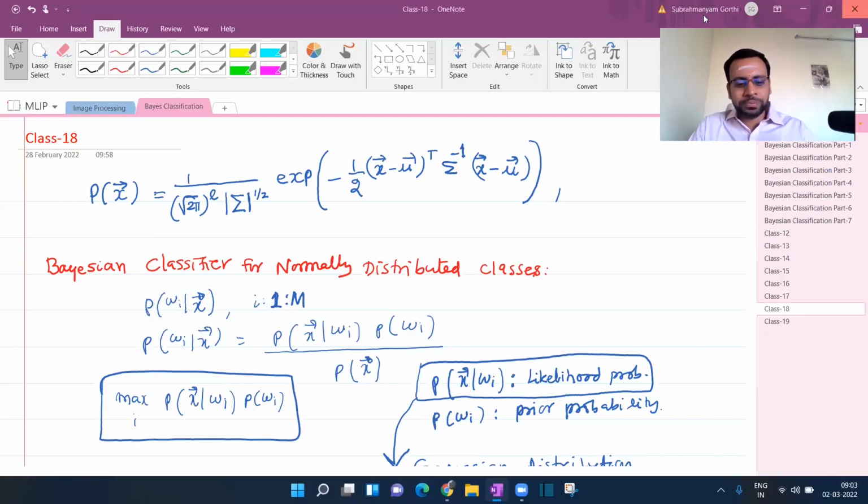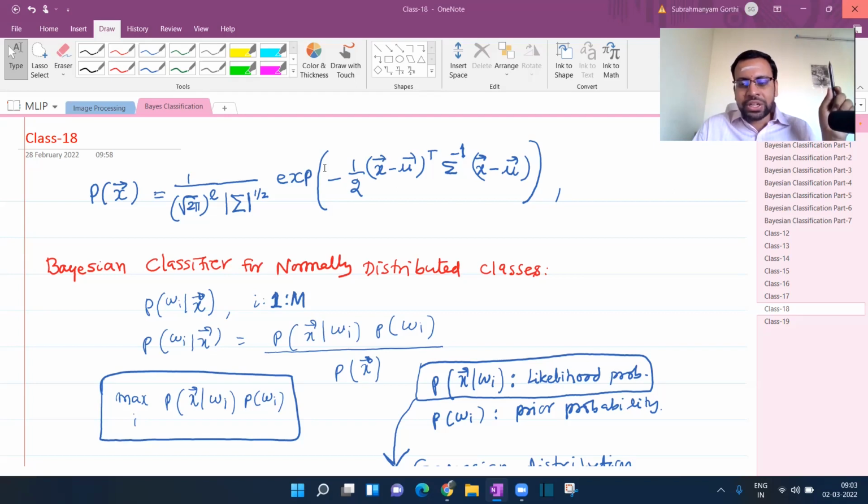Hello everyone. From the last class onwards, we started discussing the Bayesian classifier for normally distributed classes. One or two classes before that, we were discussing the Gaussian distribution as such.